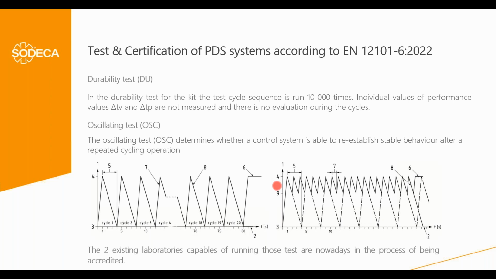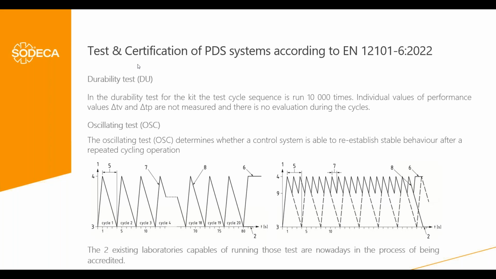There are systems, especially the ones that work with inverters or PLC, where the electronics have to be very sensitive, and the hard part of the test is to try to make this electronics crazy. Or with mechanical systems like overpressure or barometric dampers, to try to damage the system or to put the system under stress.